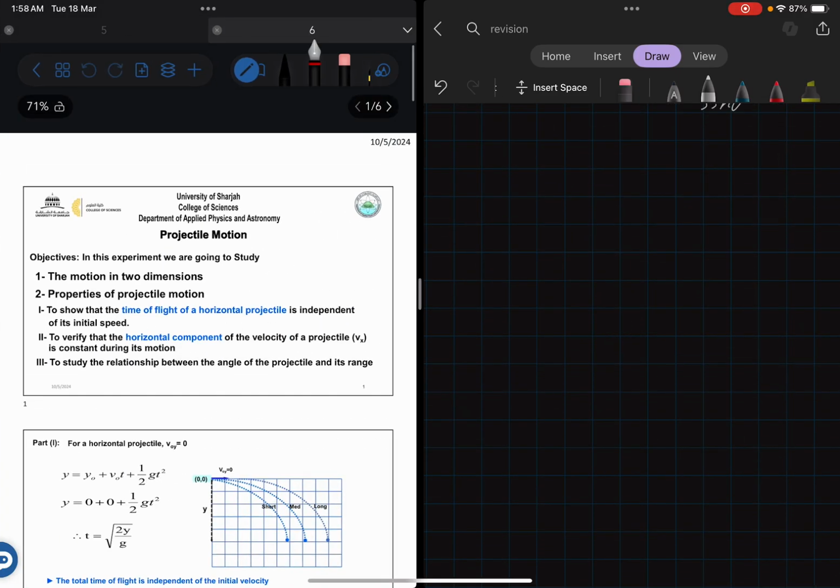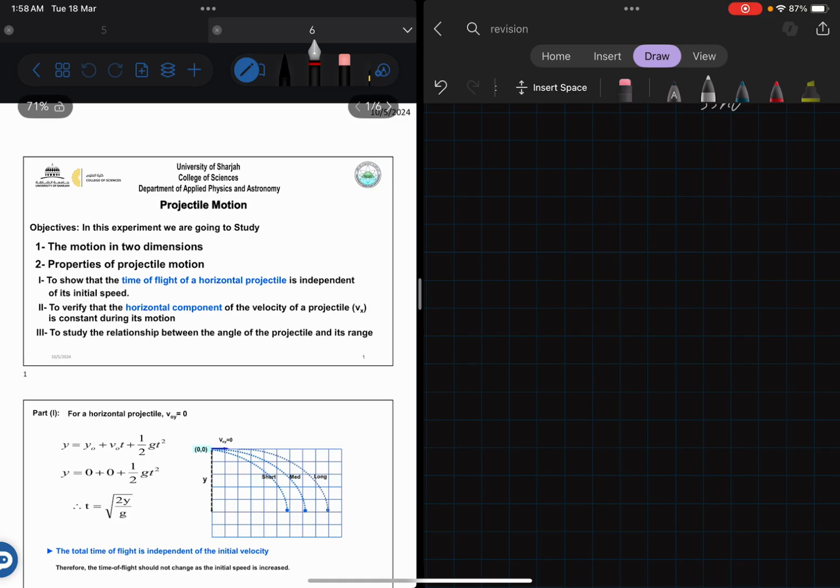Let us move to chapter 6, which is projectile motion.